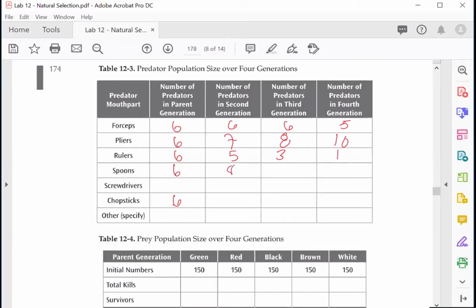That's an 8, 6, 8, 11, and 14. And the chopsticks, they didn't really do as well as they hoped. They lost 2 every generation, and they actually went extinct. By the 4th generation, the chopsticks went extinct, and the rulers were very close to extinction. In fact, one individual, yeah, pretty much they were close to extinction.